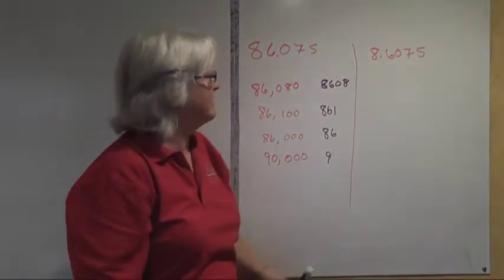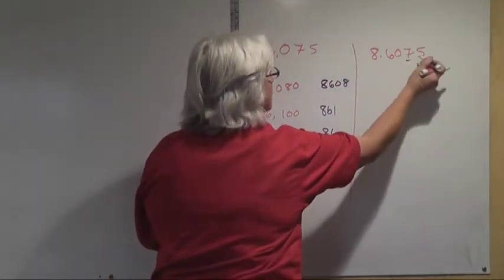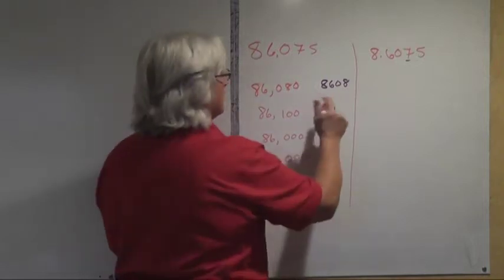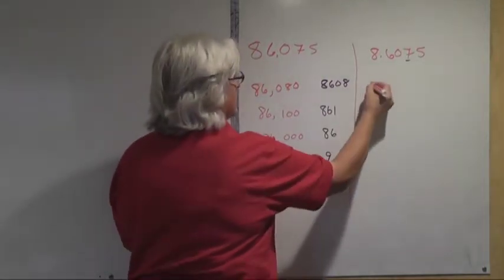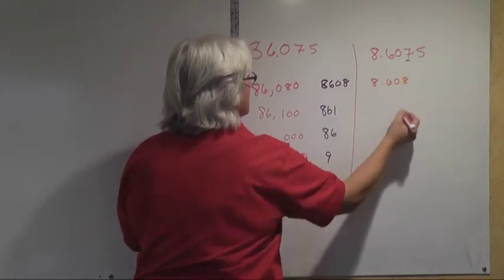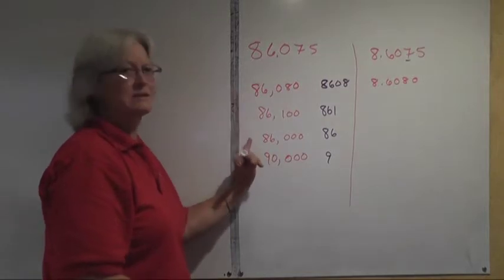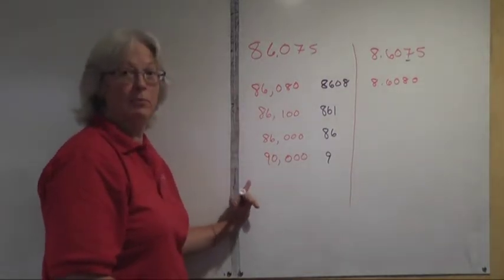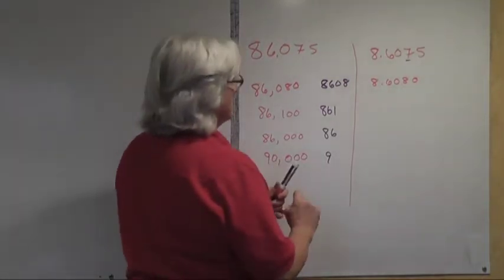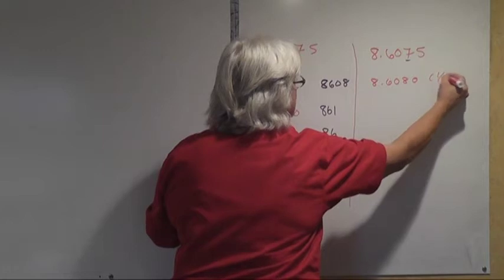We're going to round to the thousandths by looking at the 7. It's going to round up. We're going to have 8.608. These are going to round just exactly the same way that we did with our whole number. And this is rounded to the thousandths place.